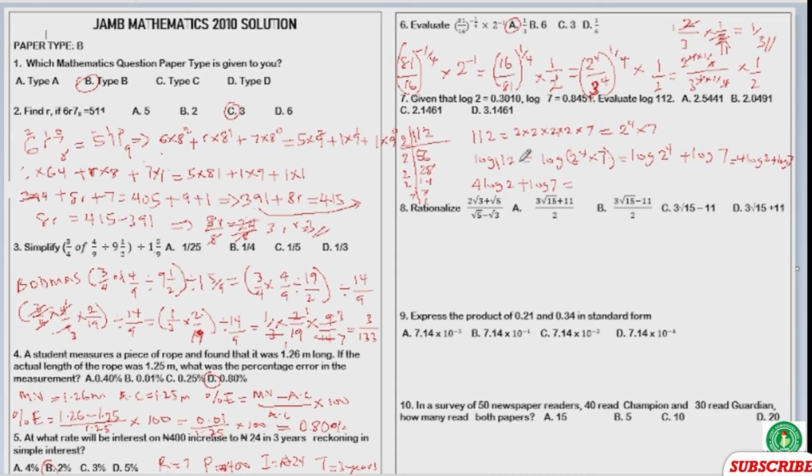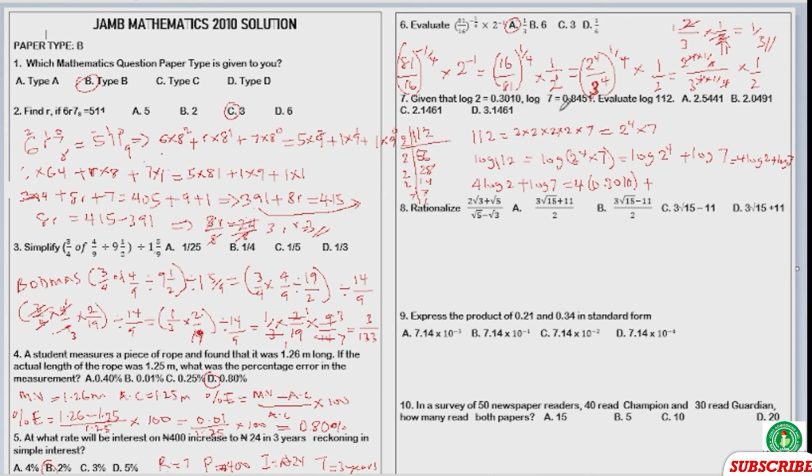And from the question, we have log 2 to be 0.3010. So 4 into bracket log 2, which is 0.3010, bracket close, plus, now what is log 7?